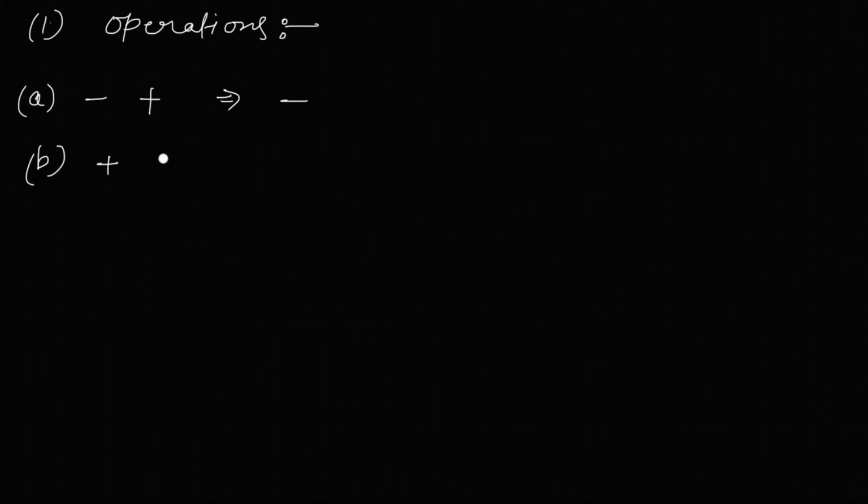Second is positive and positive will give you positive. Let's take the example of the first one. You have, let's say, -2 and you have +3. The answer will come in negative, but the sign will remain the sign of the bigger number.